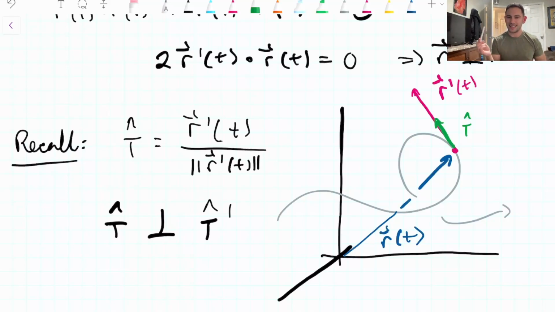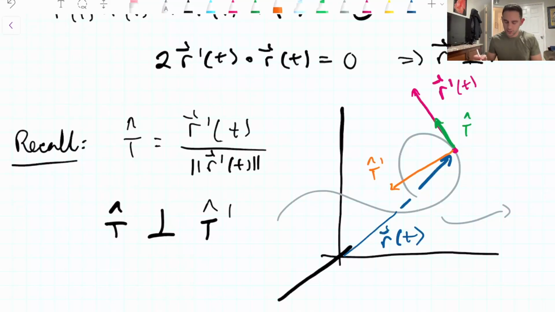So t hat is tangent to my curve, but t hat will be changing as the curve curves, in the direction of curvature. And t hat prime will be a vector that points in that direction of curvature. So I'd like to try to add it to my picture now. There is t hat prime.